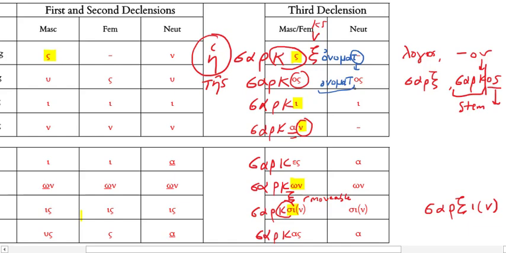Because it's a third declension noun, the noun stem has to end with what? A consonant, right? If you try to look at onoma and go, oh, the noun stem ends with an alpha. That's not true. This is a third declension noun. Its stem has to end with a consonant. So it's really onomat. So do all third declension nouns drop?